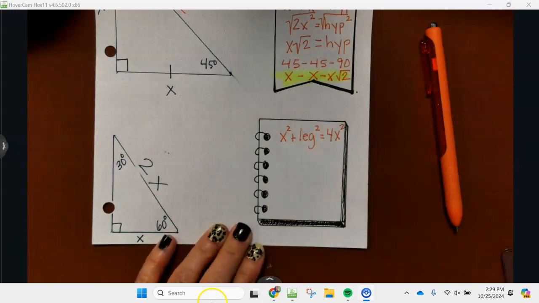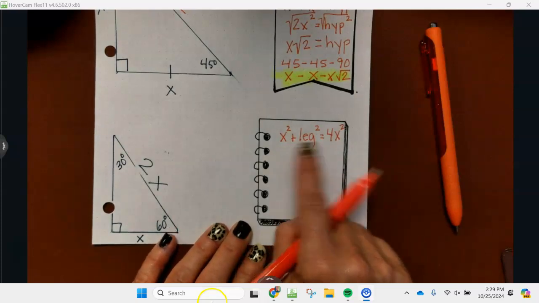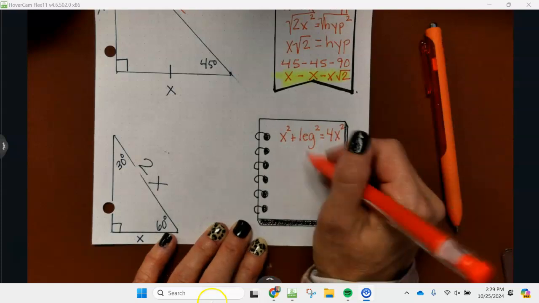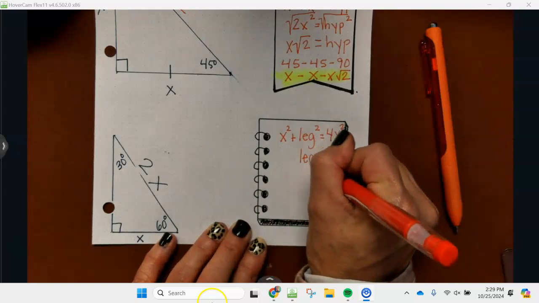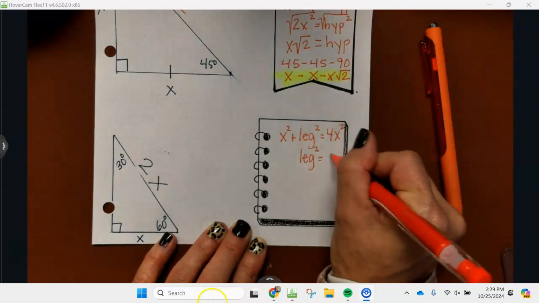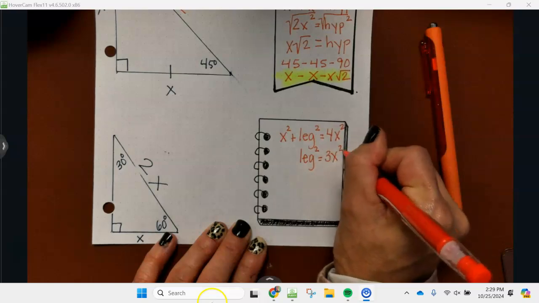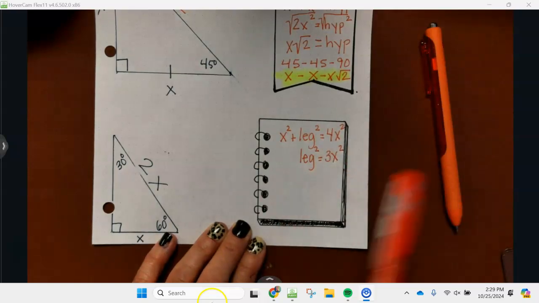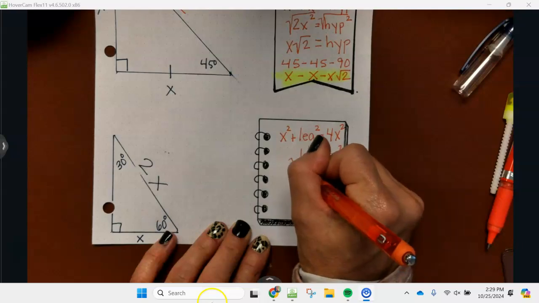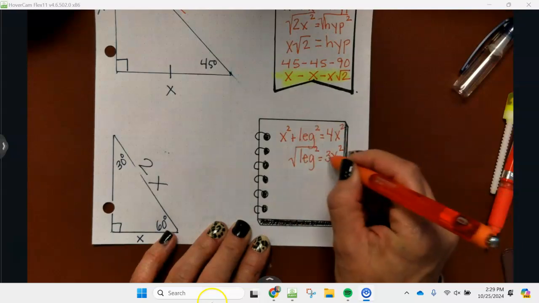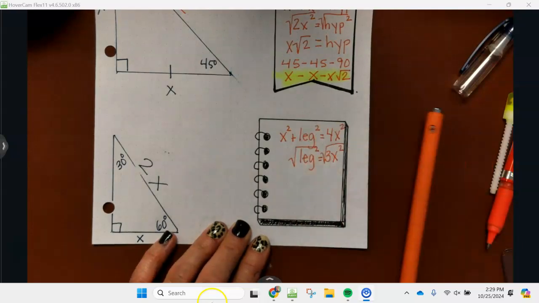Okay, let's go ahead and solve for the leg. So this time I'm going to subtract x squared from both sides. So leg squared equals 3x squared. Leg squared's by itself. We're going to square root both sides from here. And remember, we don't care about negative.